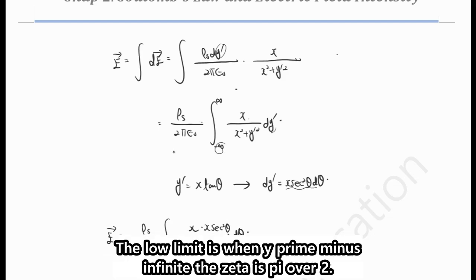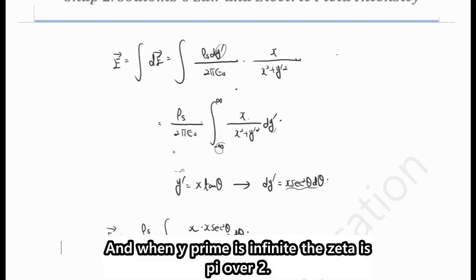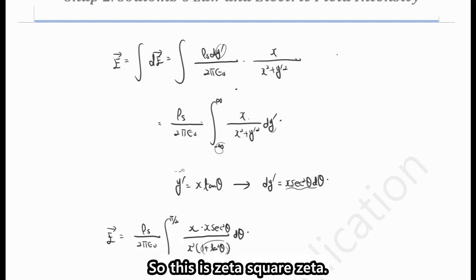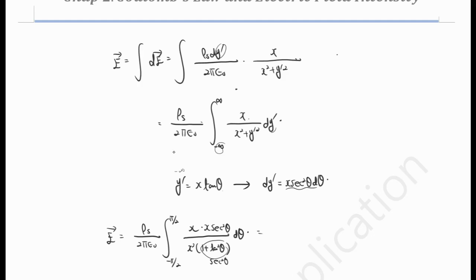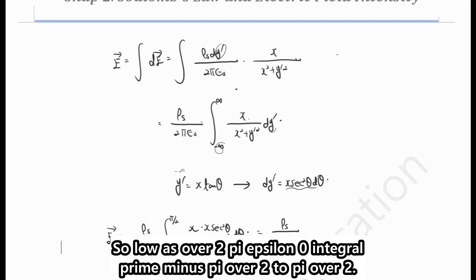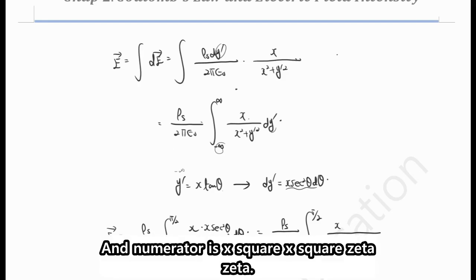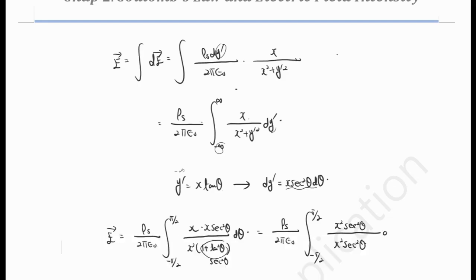When y' is minus infinity, theta is minus pi over 2, and when y' is infinity, theta is pi over 2. So the integral runs from minus pi over 2 to pi over 2, with denominator x squared sec squared theta and numerator x sec squared theta d theta.